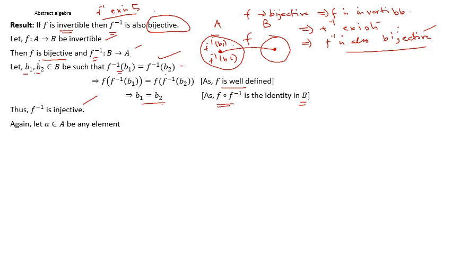Now we will show that it is also surjective, or onto. Let a belong to capital A, be any element.